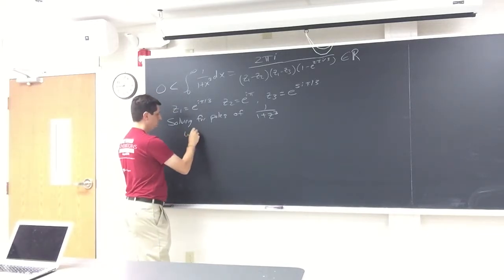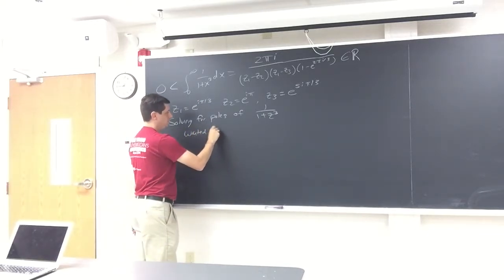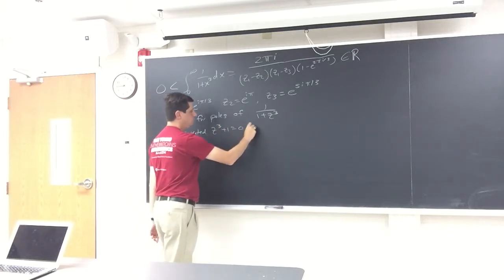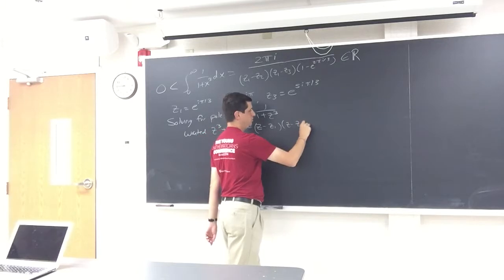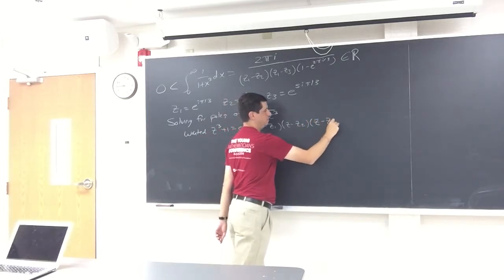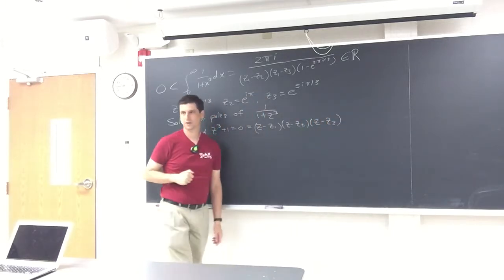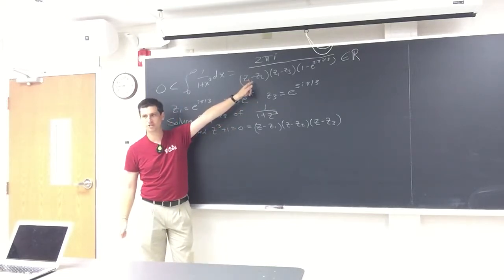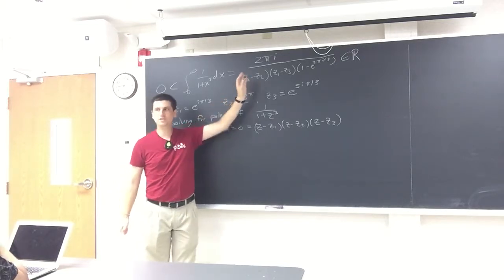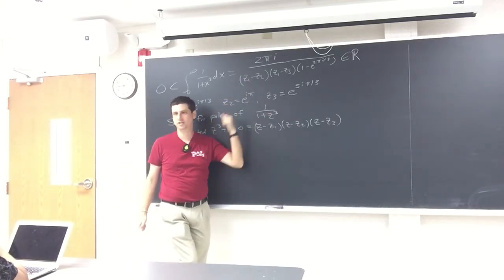So we wanted z cubed plus 1 equals 0, and we wrote that as (z minus z1)(z minus z2)(z minus z3). So we've already got one way to check things, which is to multiply this by its complex conjugate and then just do the algebra. This is essentially cleaning up the denominators, cleaning up the expression.